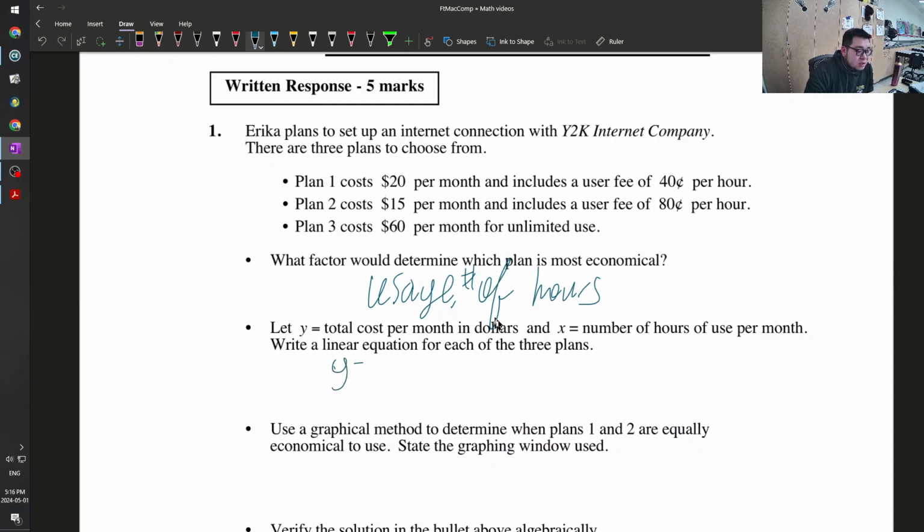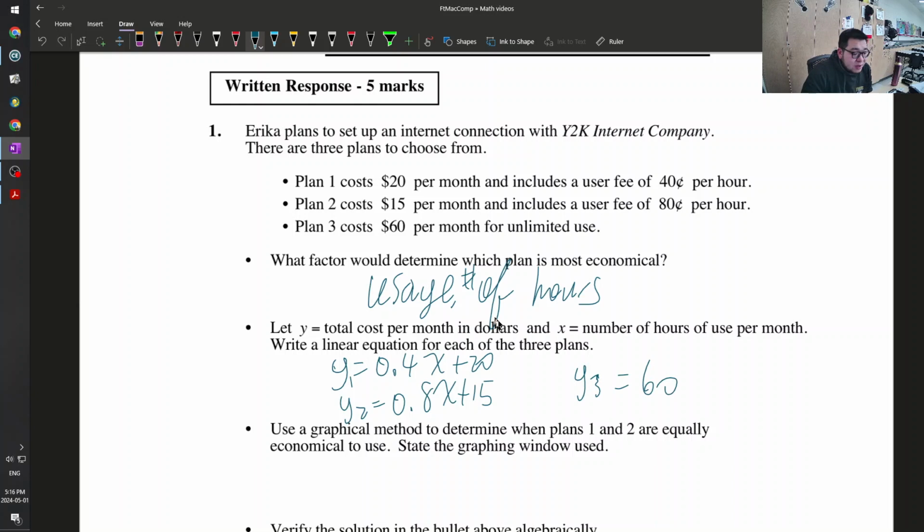So y is equal to, this is 40 cents, right? So 0.4x plus 20. Second one is 0.8x plus 15. And the third one is just 60 bucks straight, so y3 is just equal to 60.